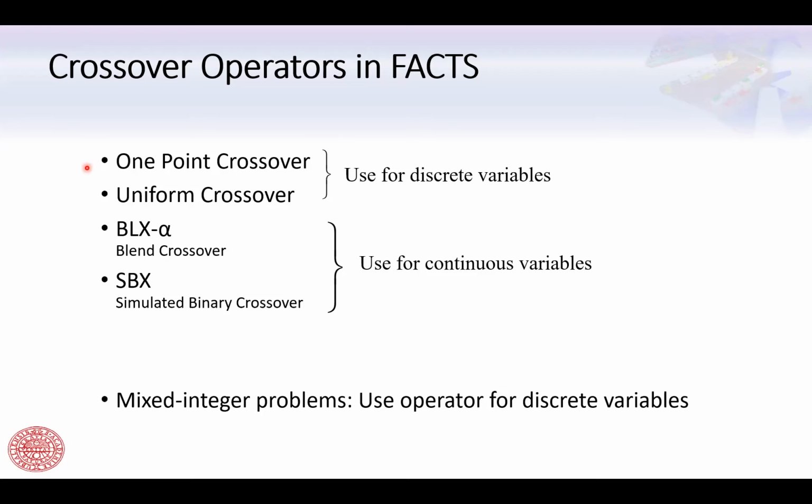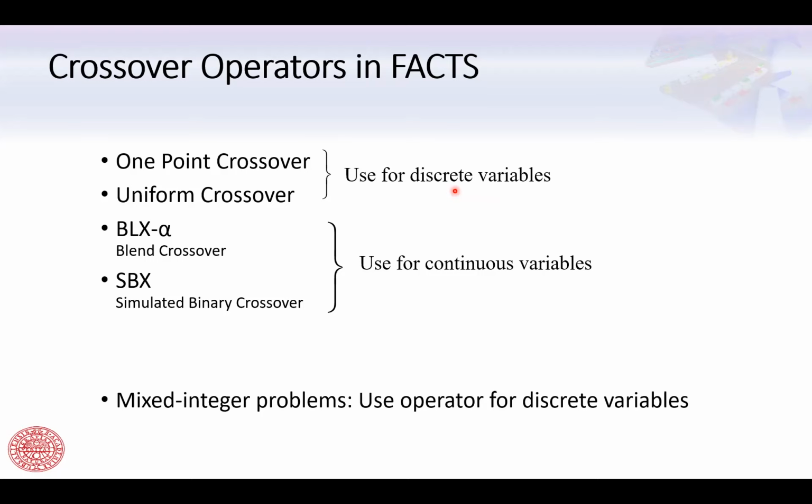But anyway, here you see that I've written for discrete variables, 1-point crossover and uniform crossover are recommended. In my experience, I use quite heavily uniform crossover and also uniform mutation. The reason is, as I mentioned before, that for manufacturing and supply chain problems, quite many of them are discrete variables.